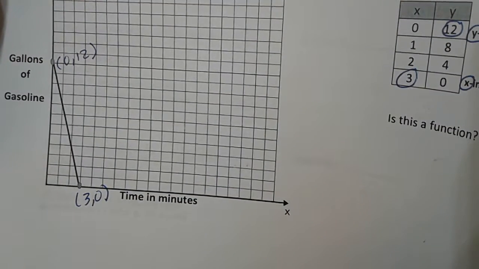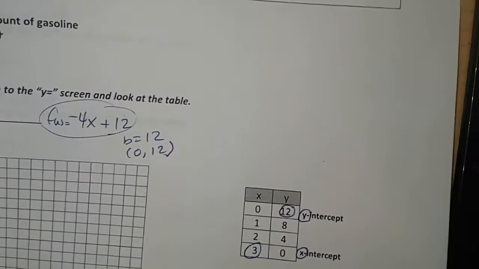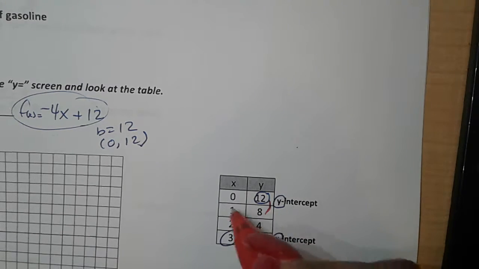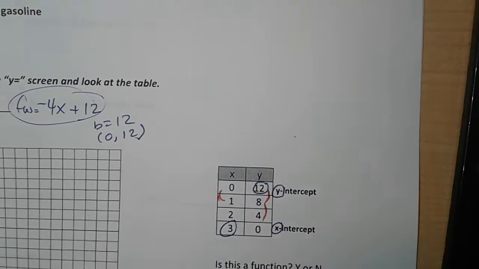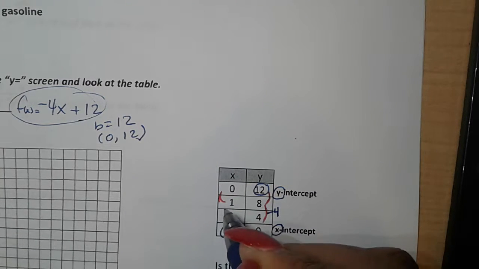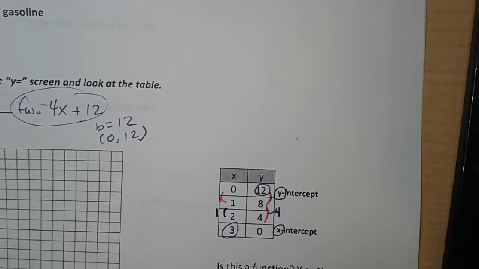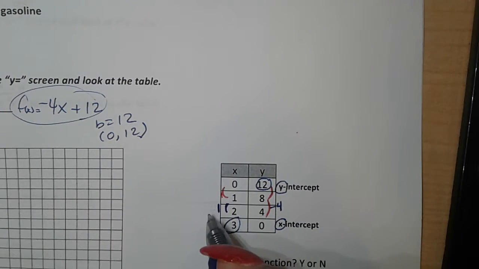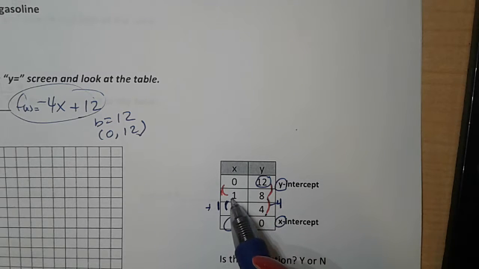Now, I need to check to see, is the slope really -4? Well, of course it is. Look, it's going down 4 and over 1. -4 over +1. Why? That one's going down, as this is going up.